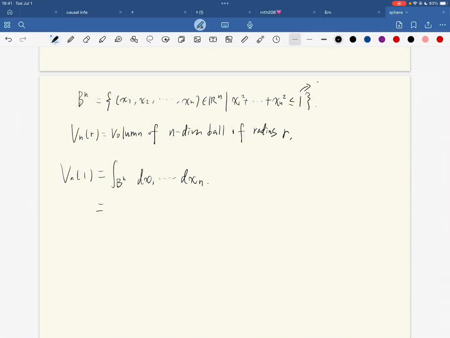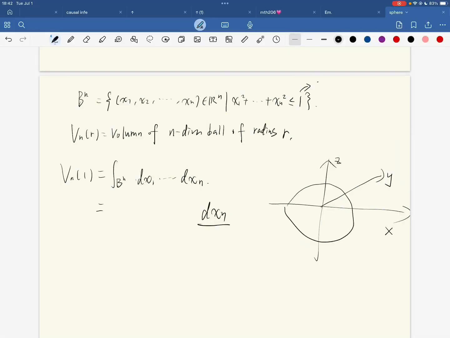And when we want to write it in terms of x_n instead of dx_1 to dx_n, we could draw a picture. X, Y, Z. Now we would like to integrate this ball.